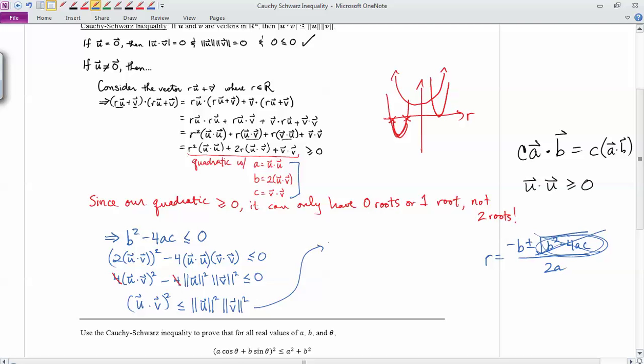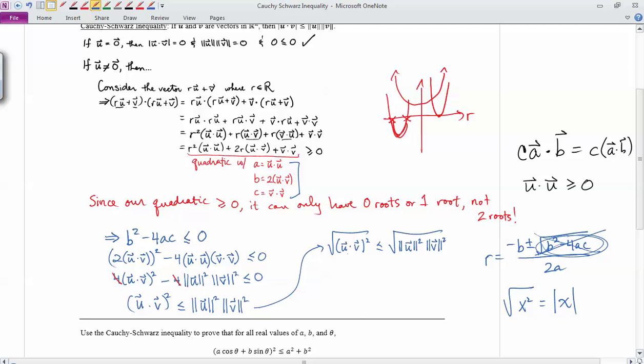So then what I'm going to do is take the square root of both sides. So if I do that, square root of u dot v squared is less than or equal to square root of magnitude u squared, magnitude v squared. Well, the square root of something squared is really like a fancy way of saying absolute value.